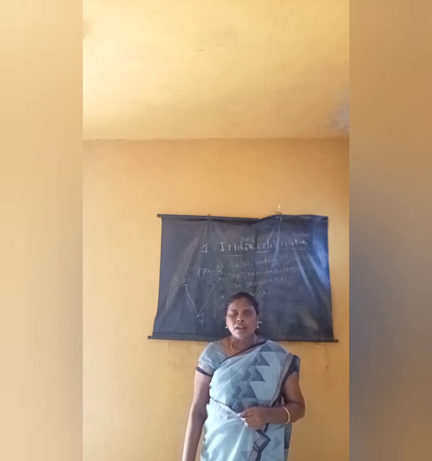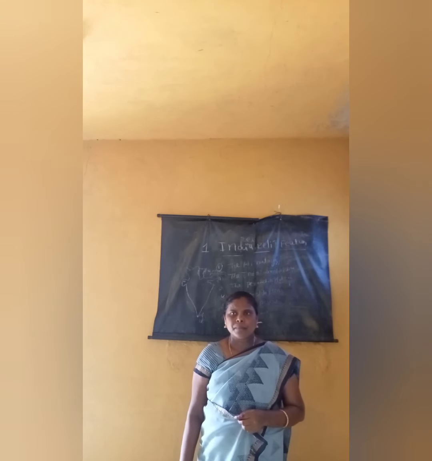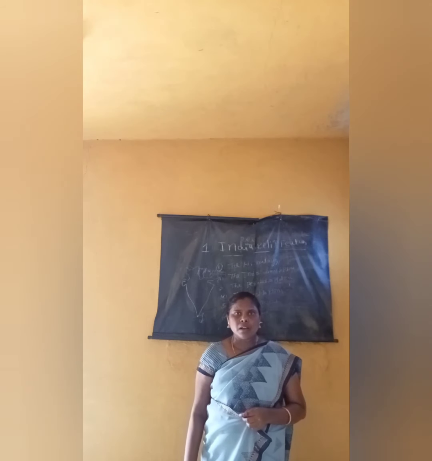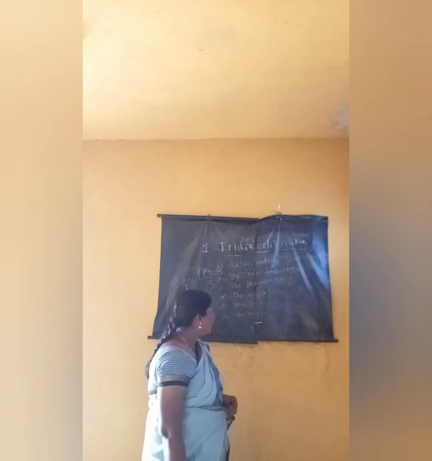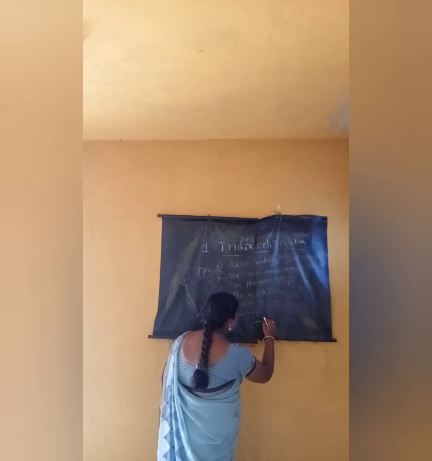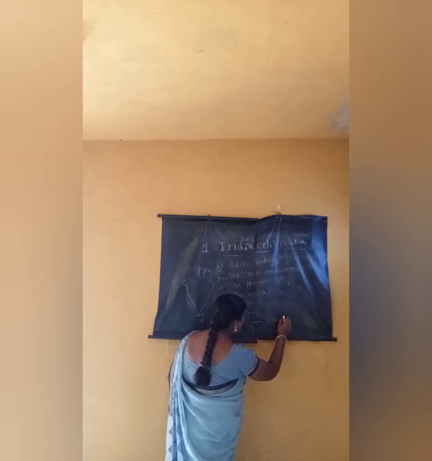The Himalaya mountain ranges run in a west-east direction in the form of an arc with a length of about 2400 kilometers.